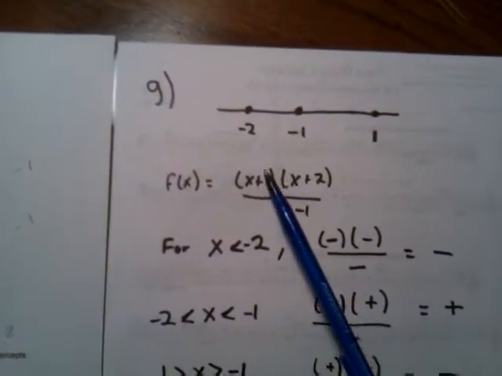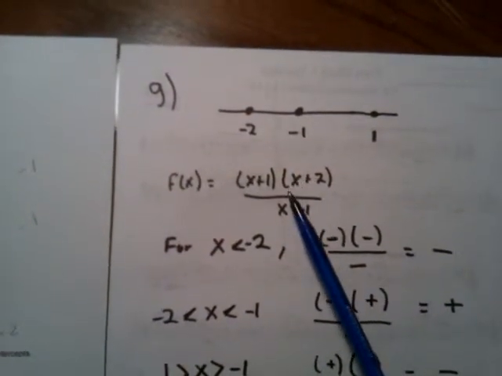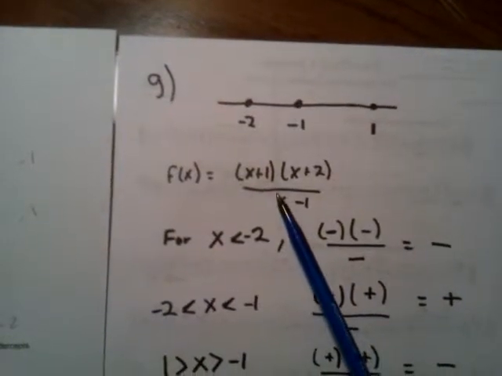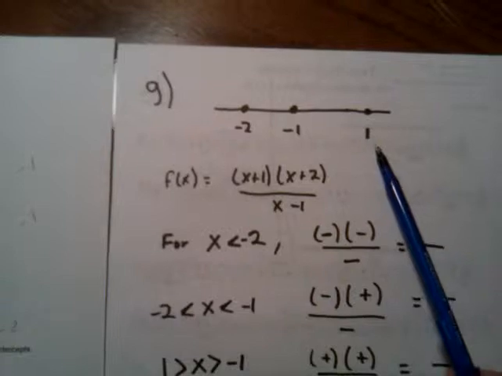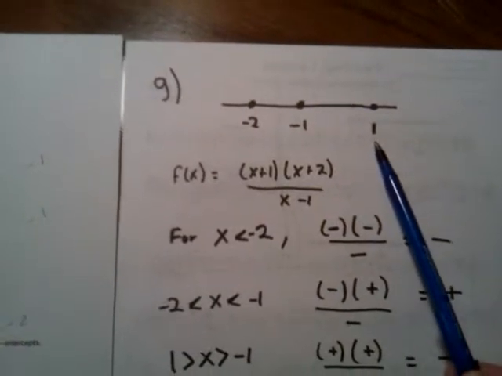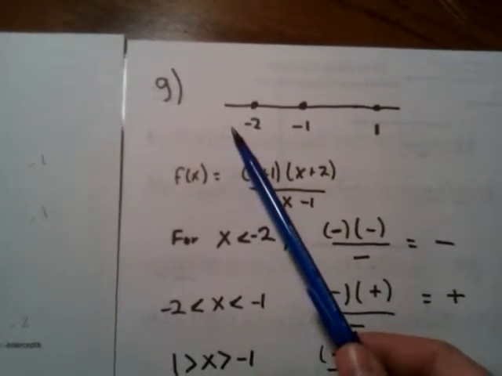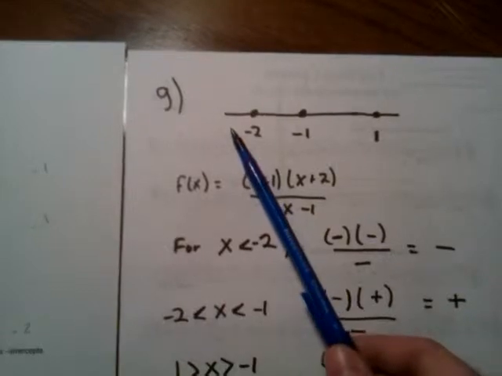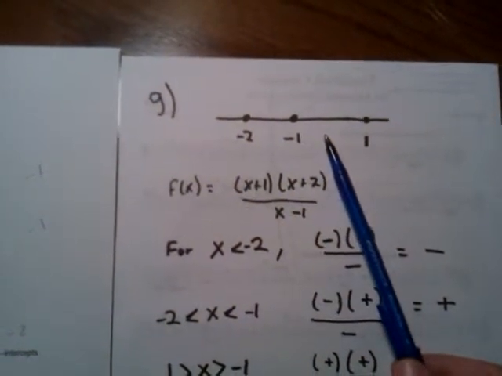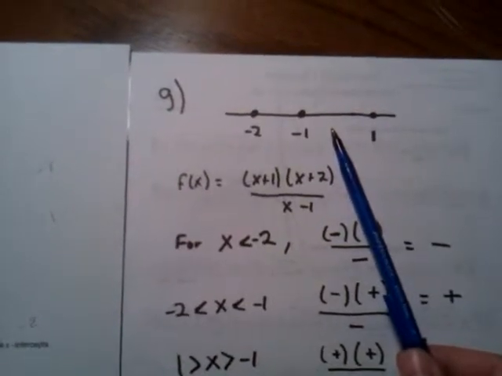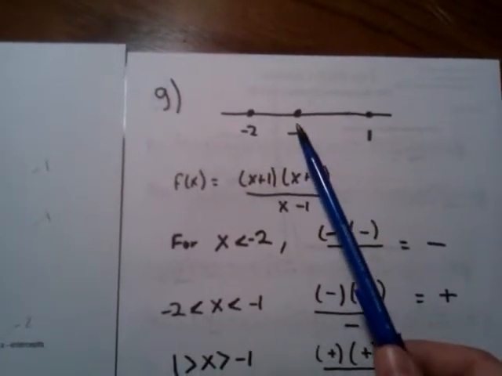Now there's only three places where this could change sign, and that's at the 2 roots and at the asymptote. So we want to look to the left of minus 2, in between minus 2 and minus 1, and to the right of minus 1 to see what happens at these points.